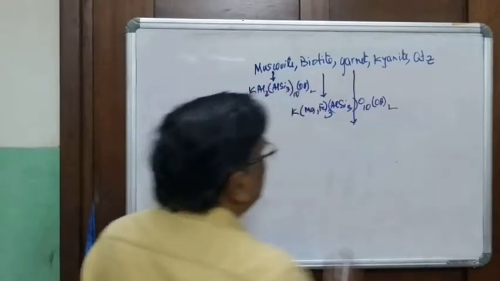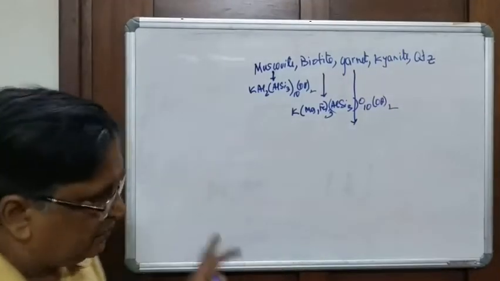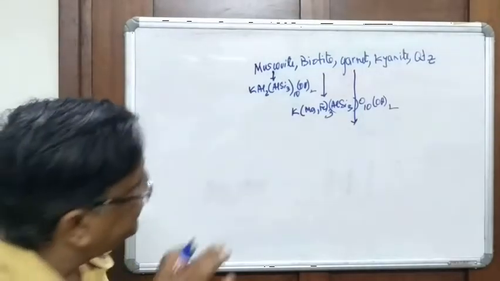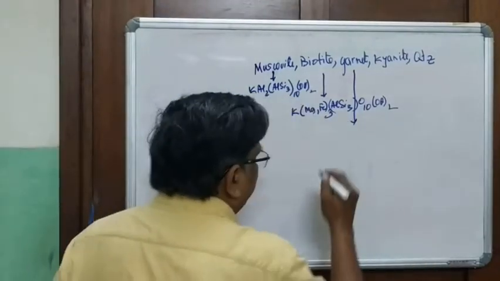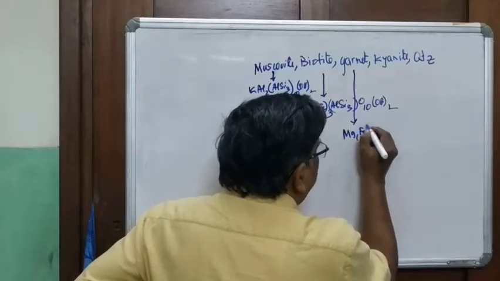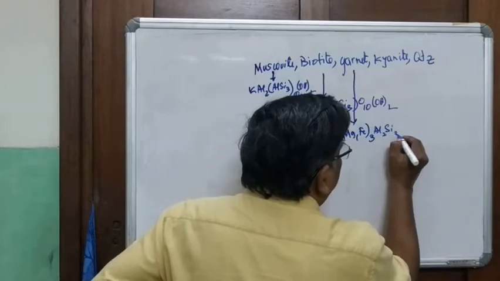If I go to garnet, let's do it simple first. We don't make things complex. Once you understand the basics, you can make it as complex as possible. There's already a complexity here. Let's say it's (Mg,Fe)3Al2Si3O12.